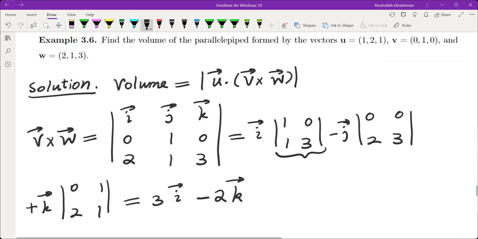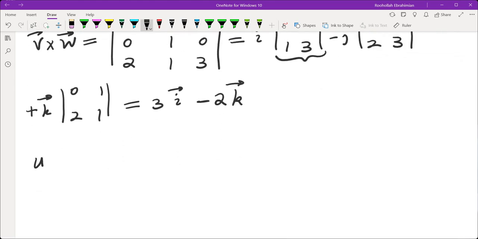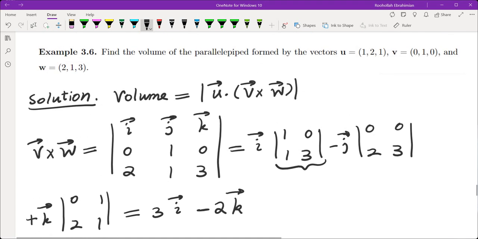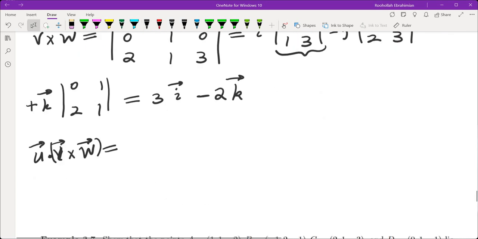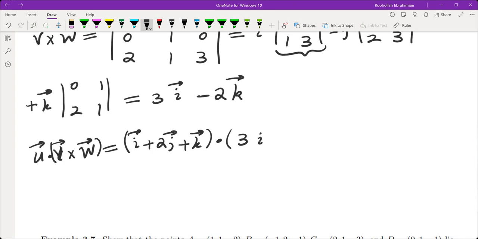So this is V cross W. And then we will have to evaluate U dot V cross W. U is given as 1, 2, 1, so i plus 2j plus k. And then we have to find the dot product of that with 3i minus 2k.